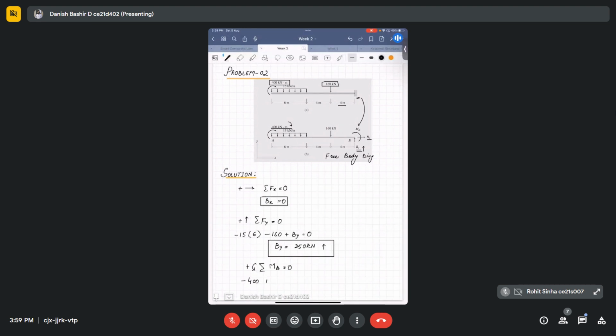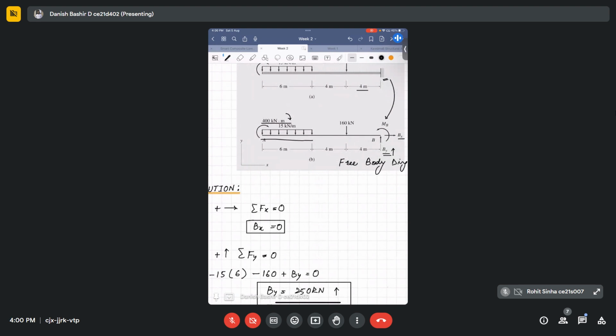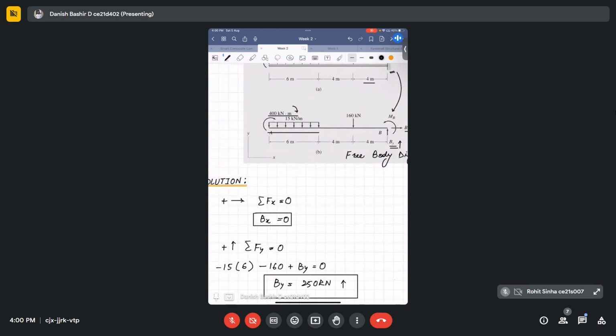Then we are having a load of 15 times 6. First we will convert this 15 kilonewton per meter into a load, so it will be 15 kilonewton multiplied by the span 6. Then we have to calculate the lever arm. When we convert it into an equivalent load, it will act at the center of gravity of this load. So what is the lever arm?